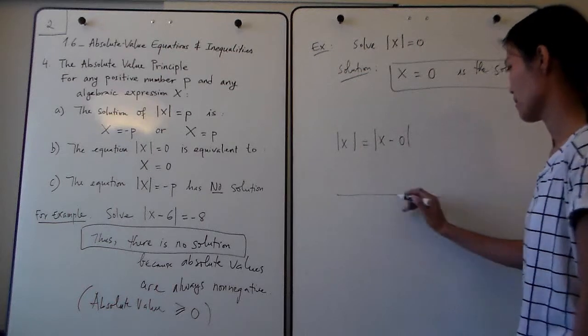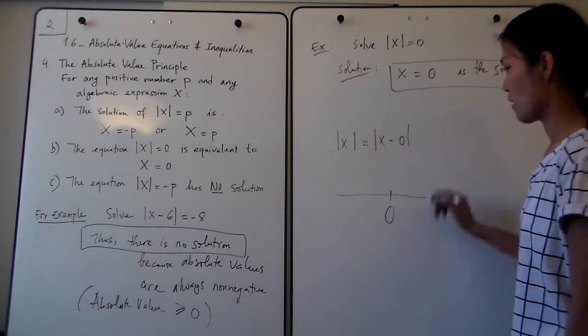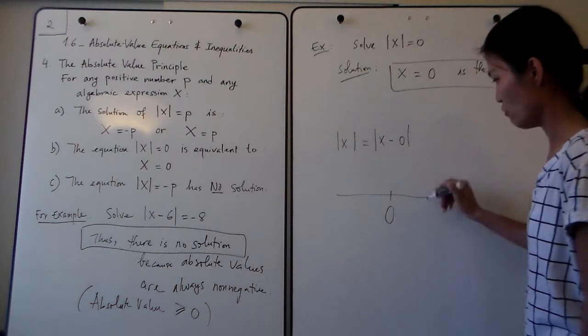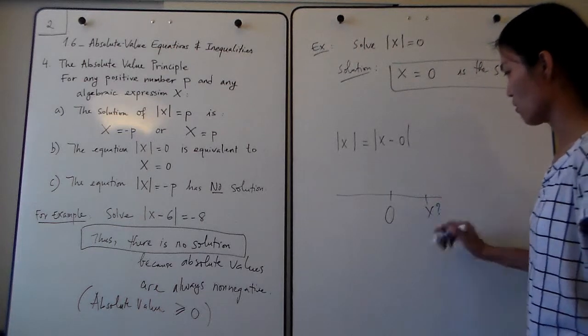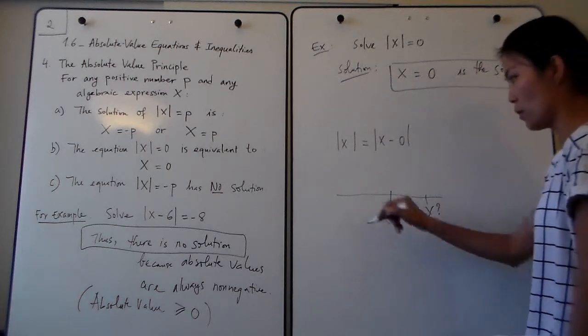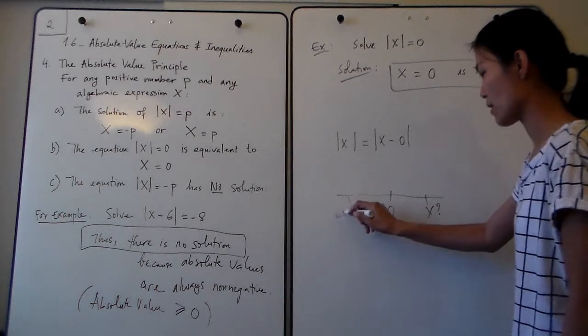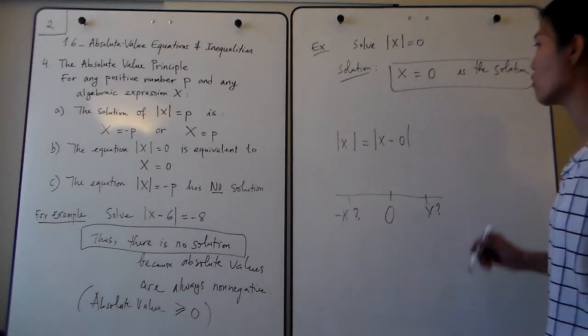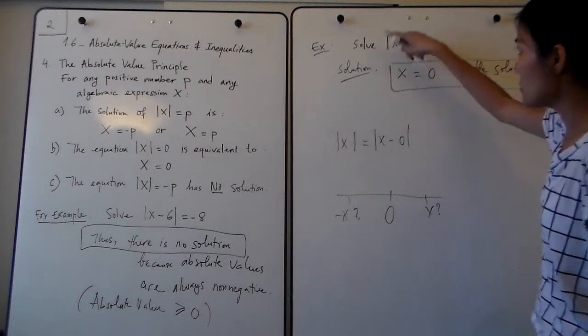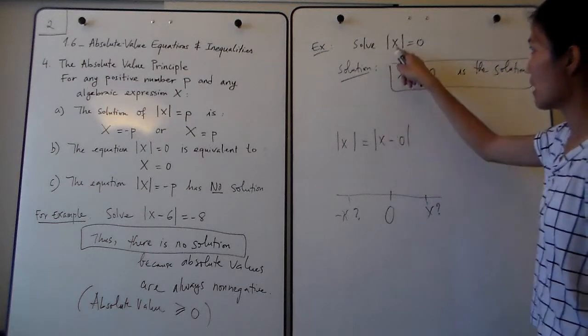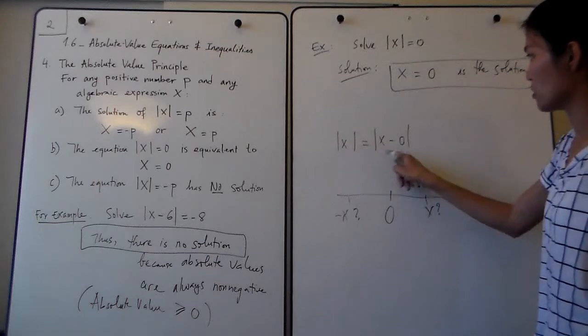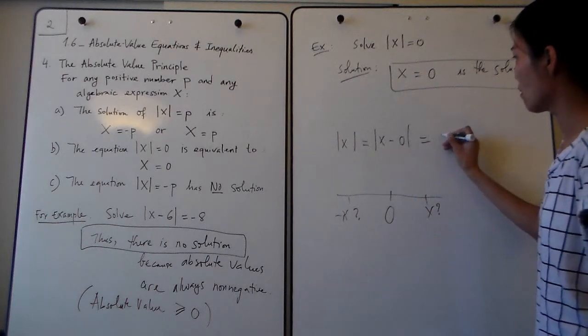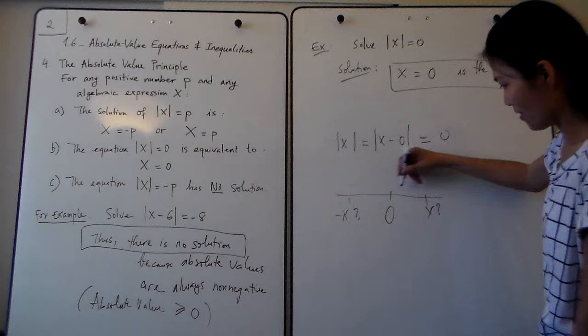So we draw a number line. x is some number we don't know. It can be on the right-hand side, positive. It can be on the negative side. So we don't know what x is. All we know is that the distance between x and 0 is 0.